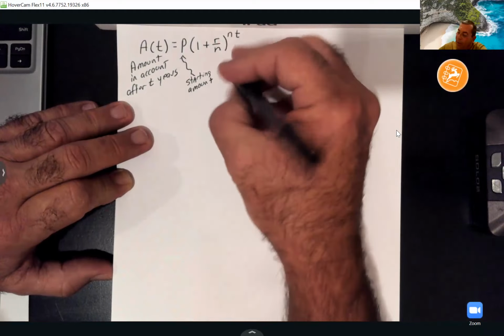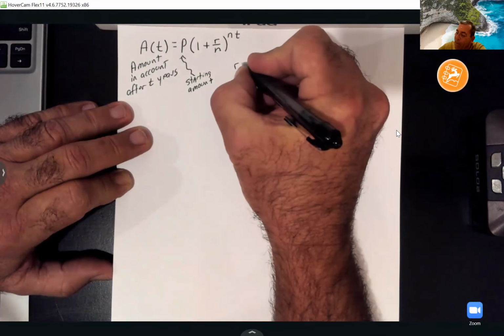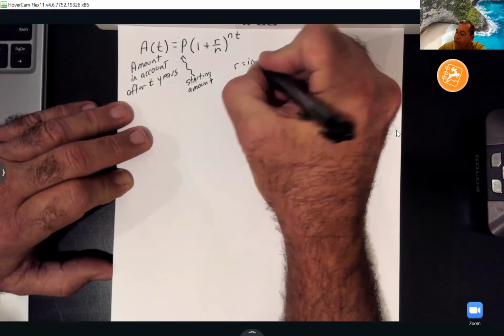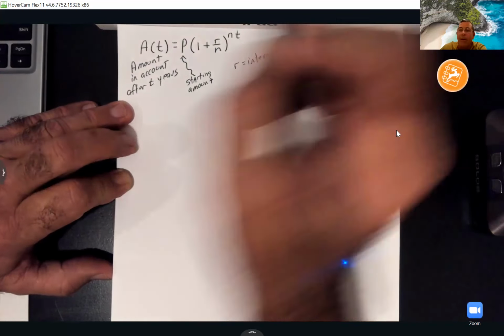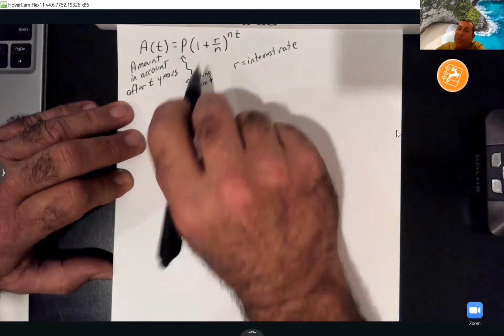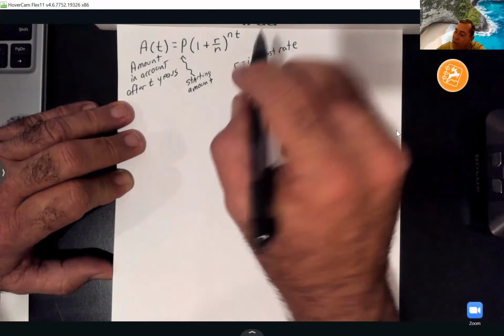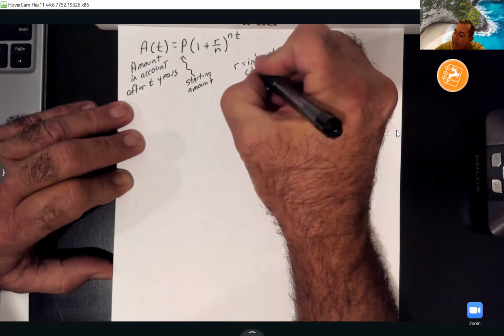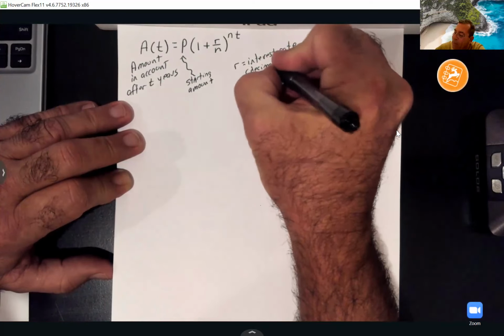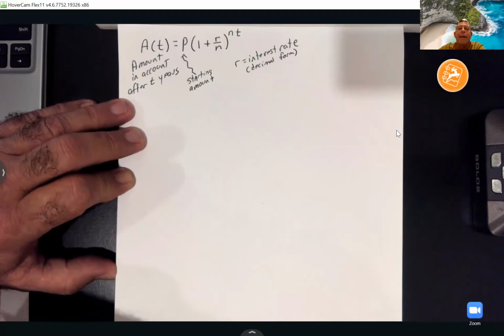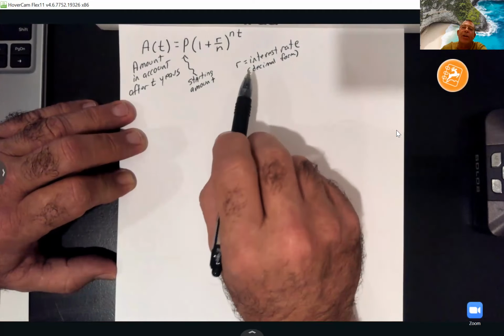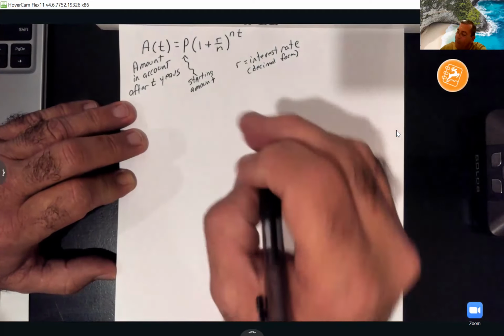R right here. R equals your interest rate. Now, when I use this formula, my interest rate has to be in decimal form. Can't be in percent form. We got to turn them into decimals.